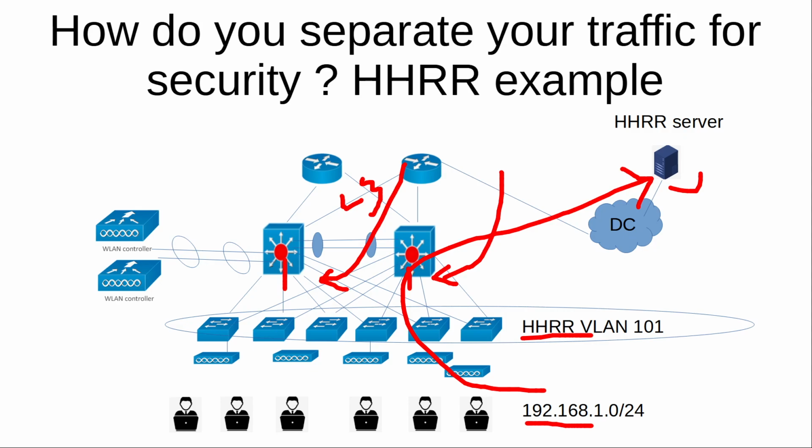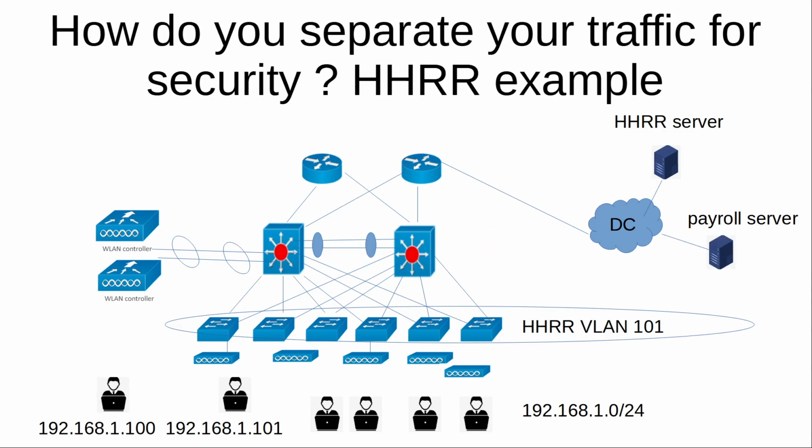Let's see what happens if we receive another requirement. So now we need to allow this pair of users access to this particular payroll server. These two users are part of the human resources team, so they belong to the same VLAN, but they need access to this payroll server.